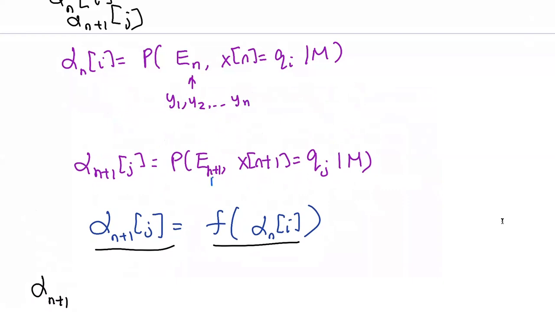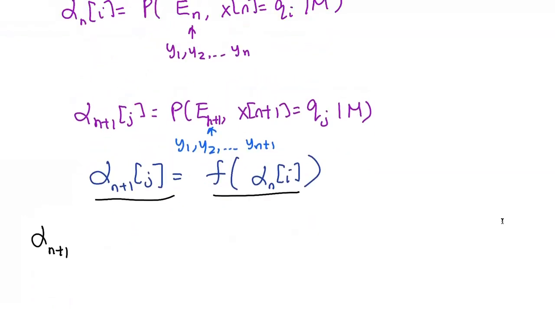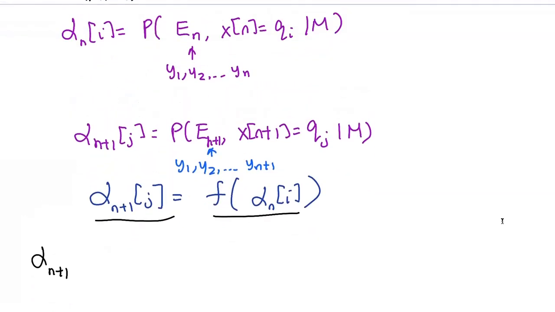Here, what you have is y1, y2, yn plus 1, right? So the alphas already have the observations from y1 up to time yn. But again, you'll probably have a flavor of transition: if I start at qi at time n, how do I get to qj at time n plus 1? And if I'm at qj at n plus 1, how do I get this observation yn plus 1, right?